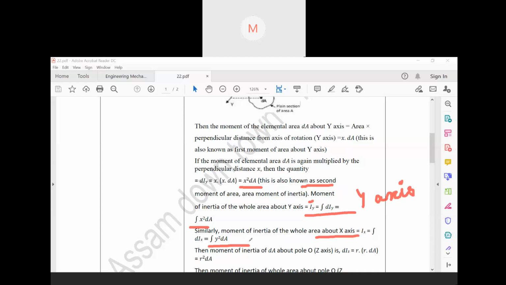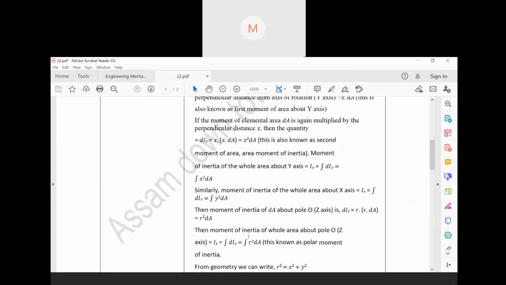And now look, if you see the figure, there are three axes, right? So x, y, and z are present. For the z axis also we have to find the moment of inertia, which is given by integration of r square dA. Why r square dA?